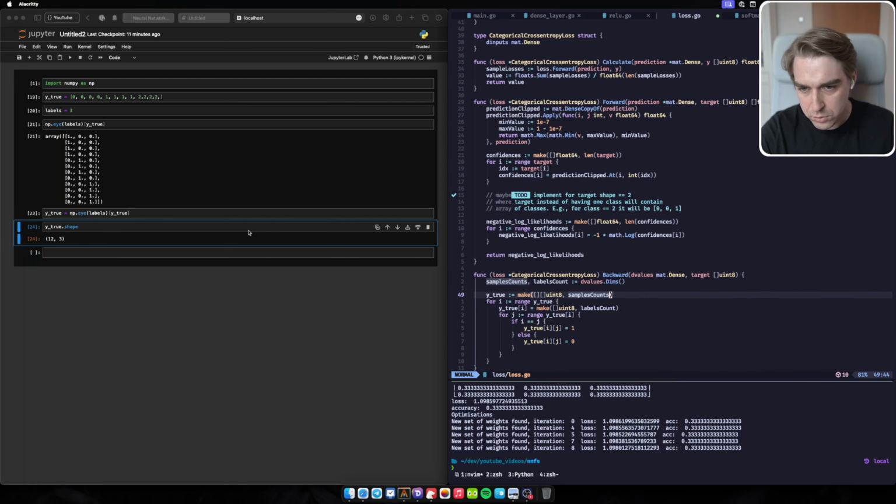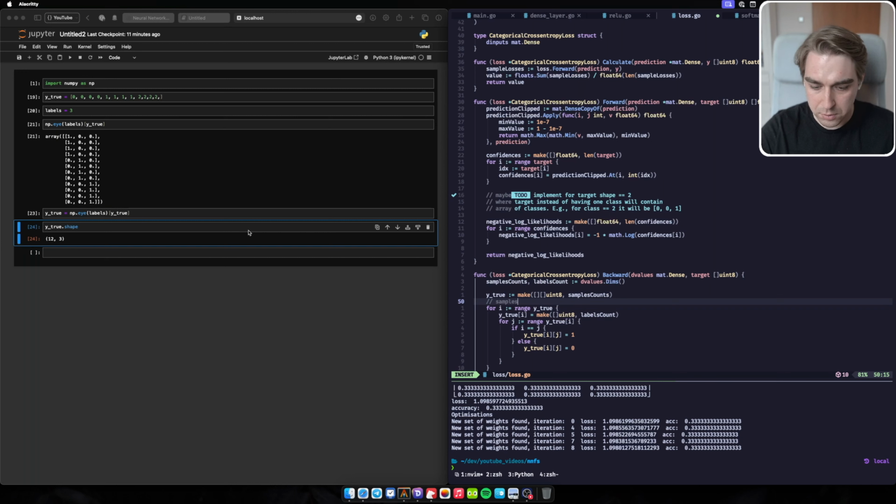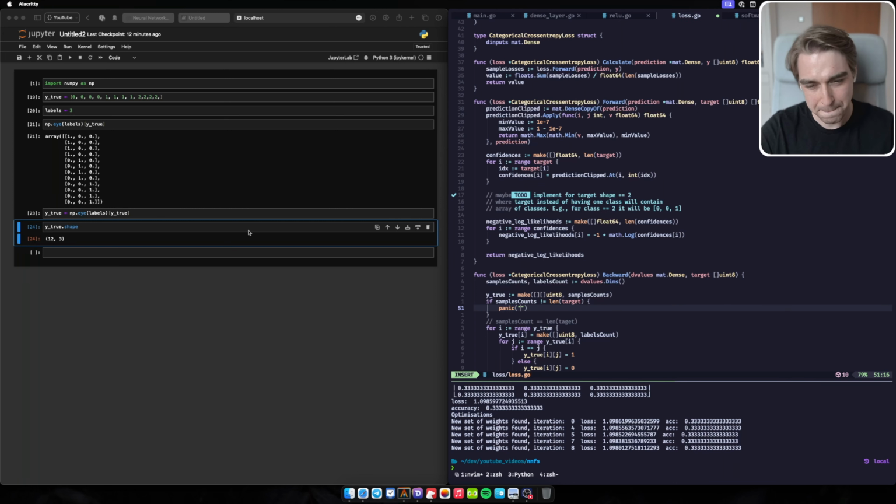First we assume that samples count equals len of target, and if samples count doesn't equal len of target, then I can panic with a mismatch between target classes for input samples and samples count.